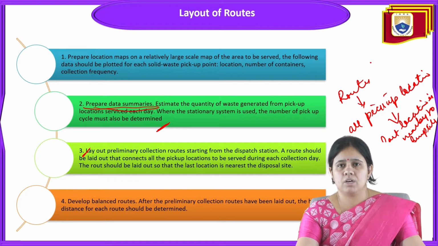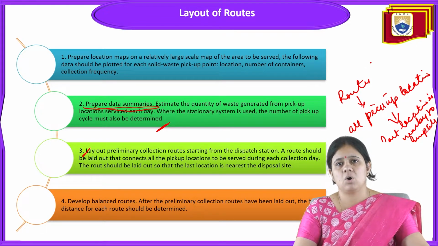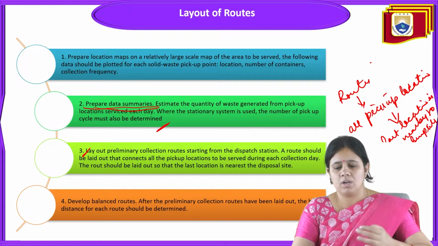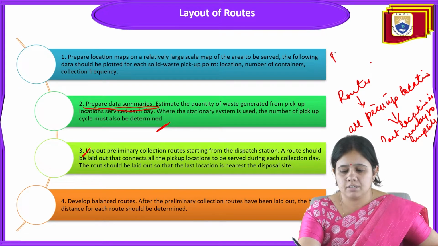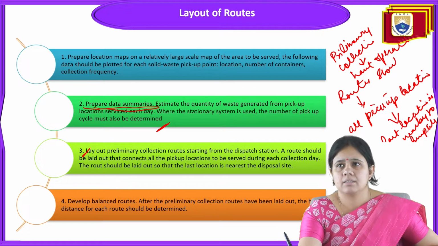And then what you have to do is develop the balanced route. After the preliminary collection route has been laid out, the whole distance for each route should be determined. After this preliminary collection, the whole operation should be measured.